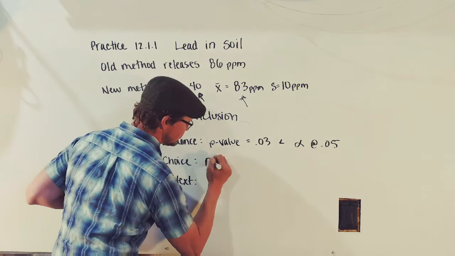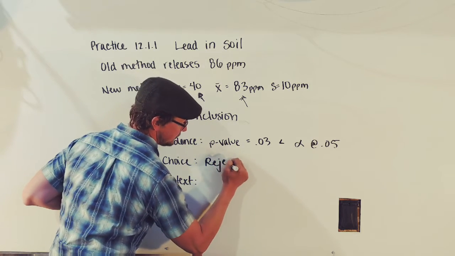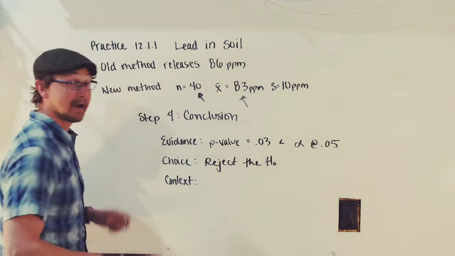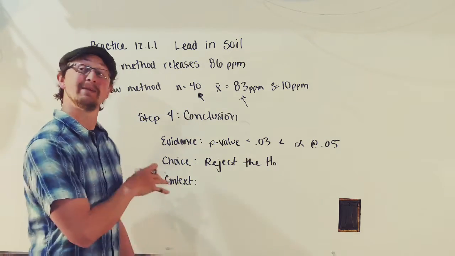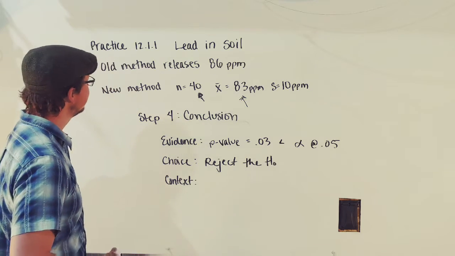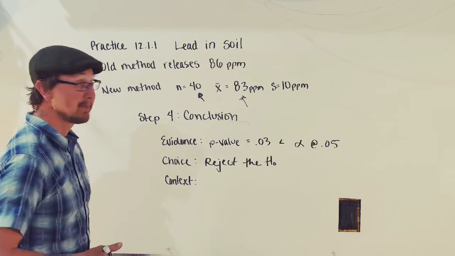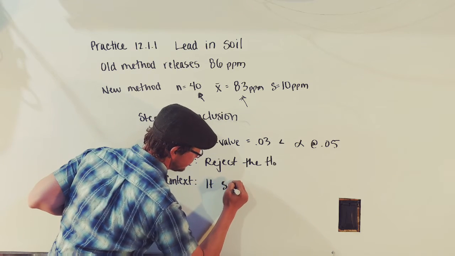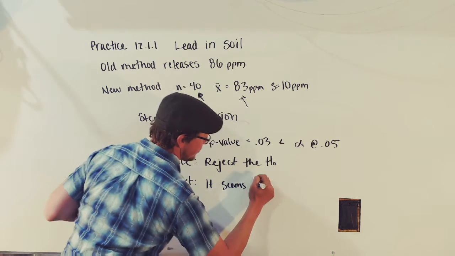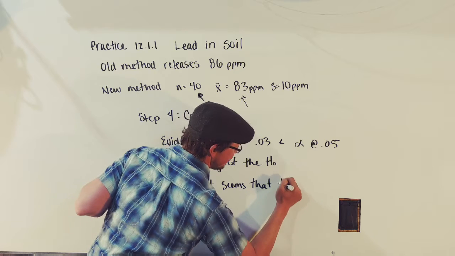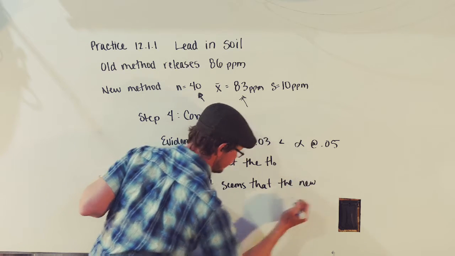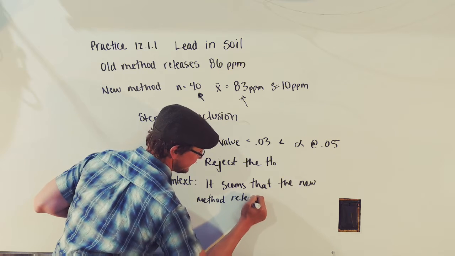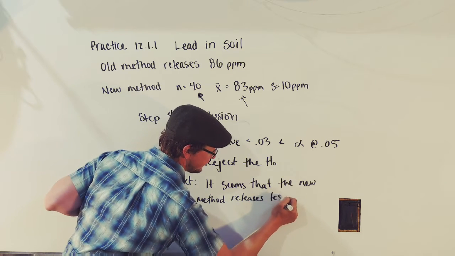We are going to reject the null hypothesis. What does that mean in the context of solving this problem about lead in the soil? Well, it seems that the new method releases less lead.